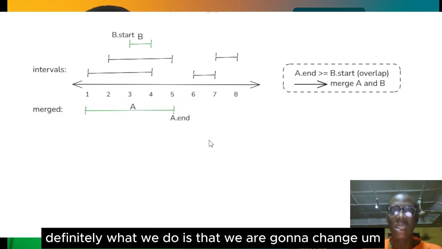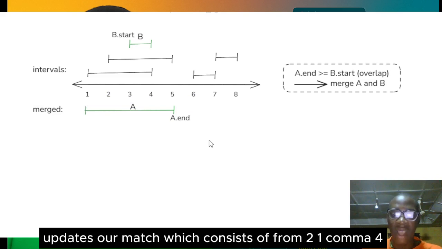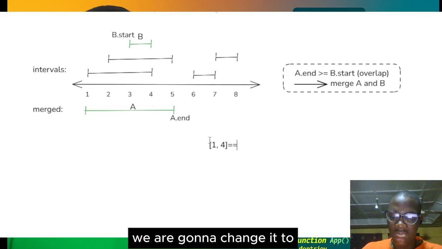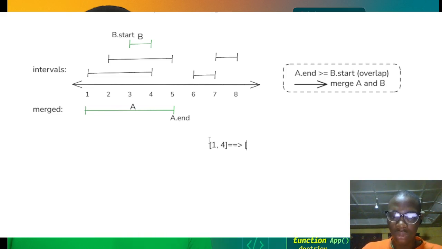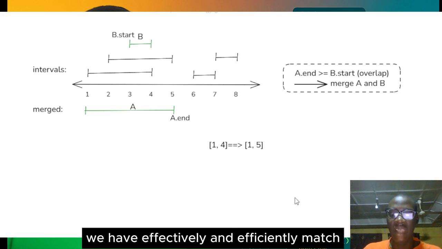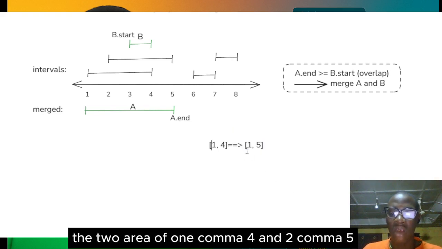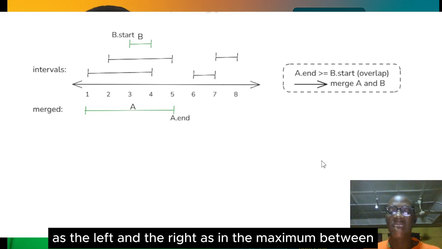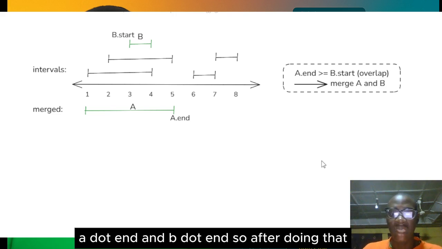So definitely what we do is update our merge, which consists of 1,4, the first element. We change it to 1,5, and that way we have effectively and efficiently merged the two intervals 1,4 and 2,5 into 1,5, by choosing a dot start as the left and the maximum between a dot end and b dot end as the right.